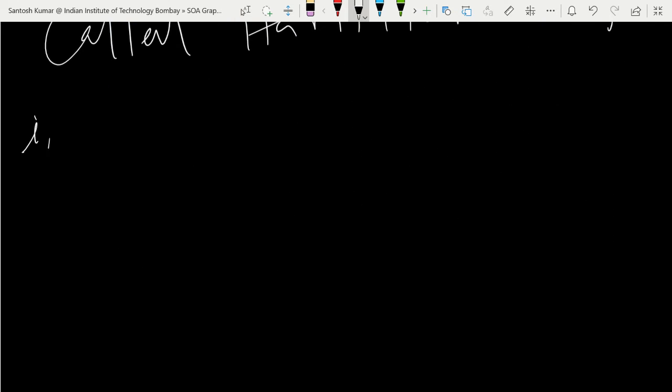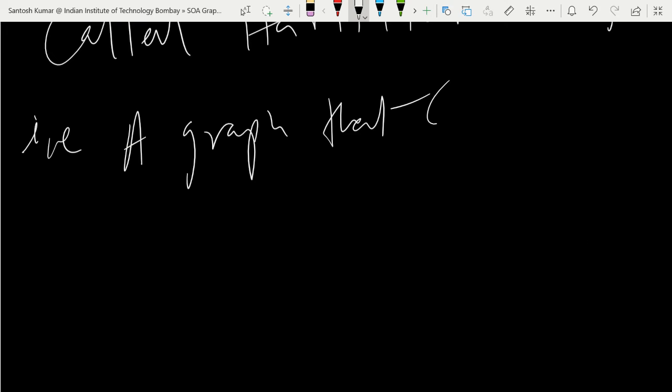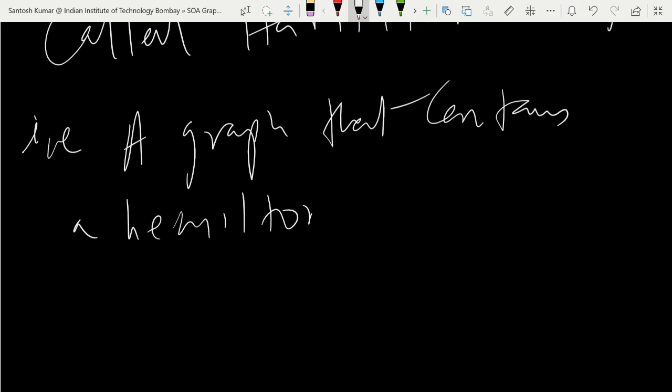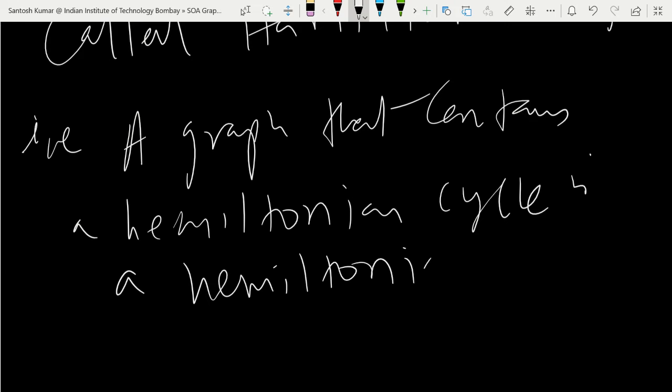In other words, you can say that a graph that contains a Hamiltonian cycle is a Hamiltonian graph. Fine.